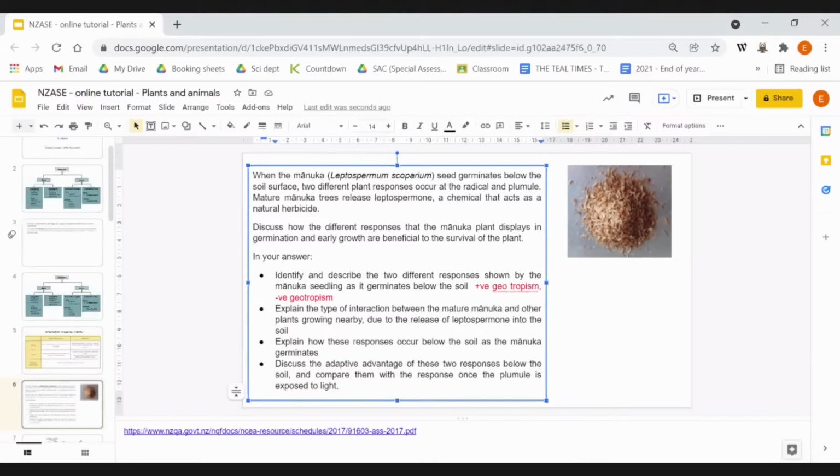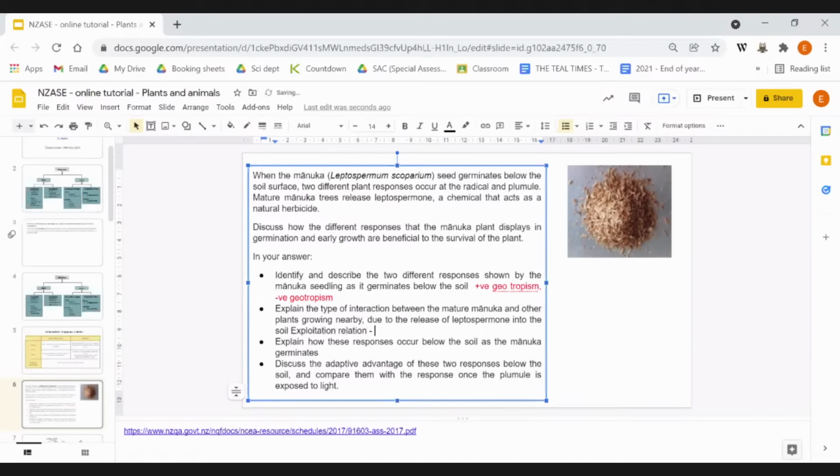It's inhibiting other plants from growing nearby, so that it is able to get all the nutrients it needs from the soil and have access to enough sunlight without having to compete with neighbouring plants. Okay. It obviously will harm the other plants because it's a herbicide, so it inhibits growth. It stops them being able to survive. So you could talk about it as an exploitation relationship.